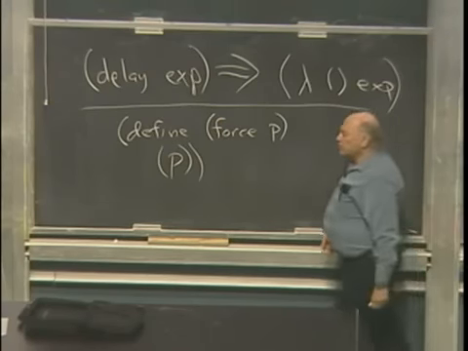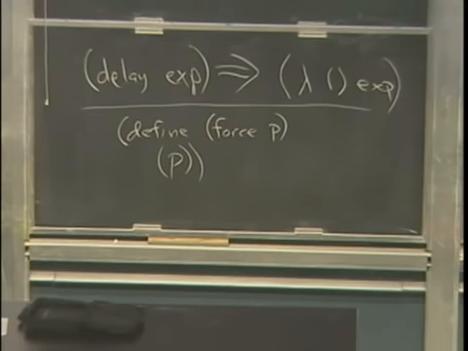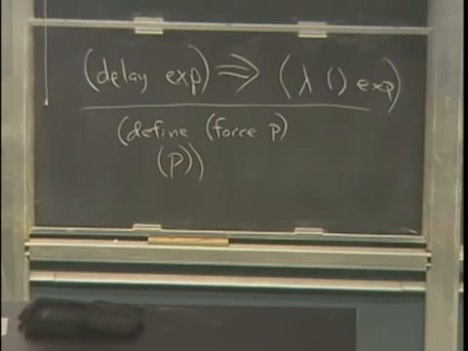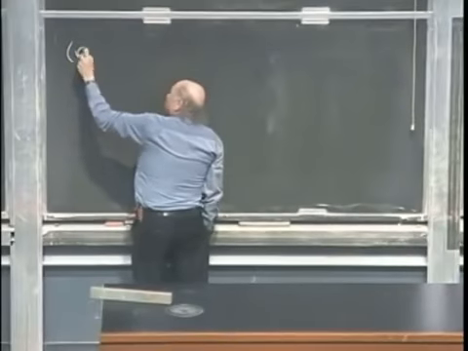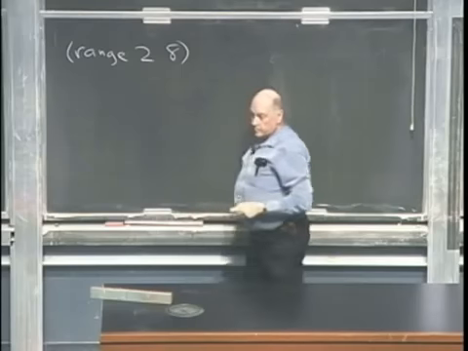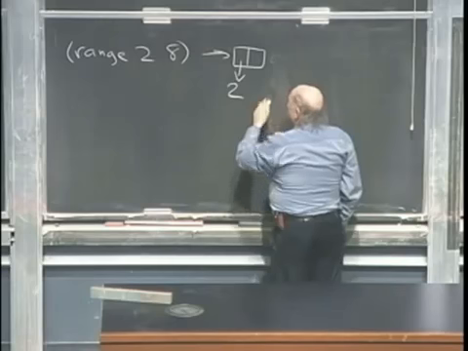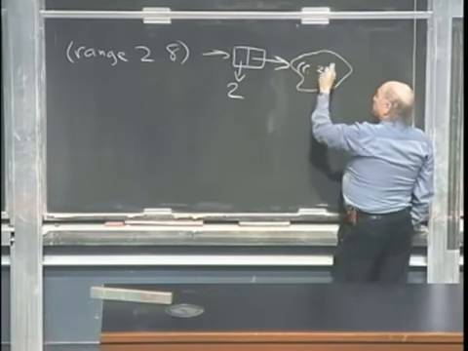Okay. Suppose that the number that we have isn't divisible by 2. Let's say we want to know if 9 is prime. Maybe I should actually draw this out. So I want to know if 9 is prime. So I'm going to make the range from 2 to 8, which is 2, and then a promise to do range from 3 to 8.